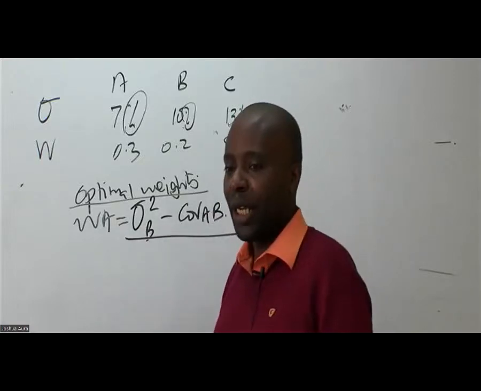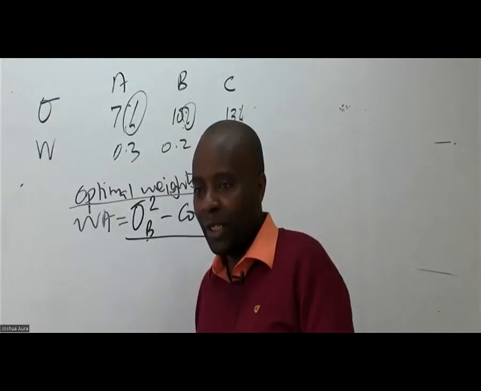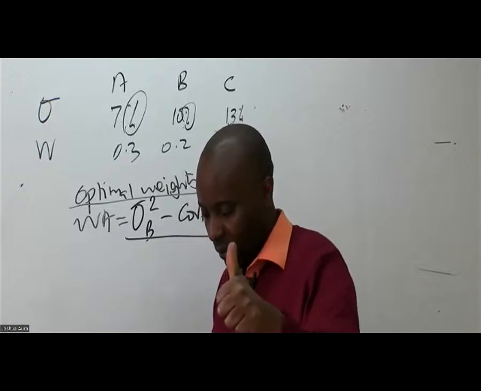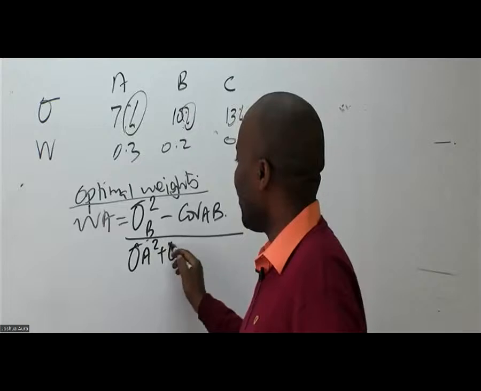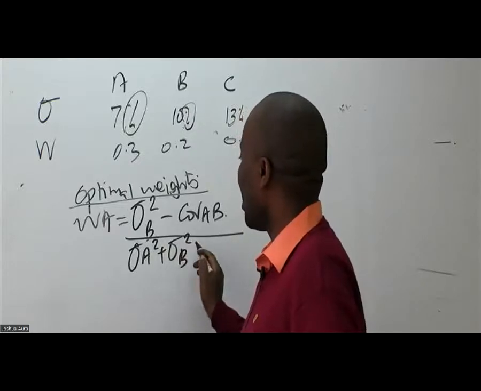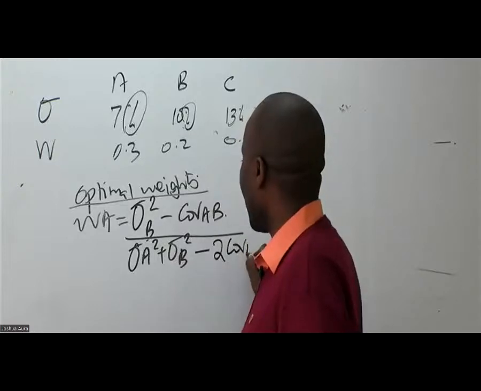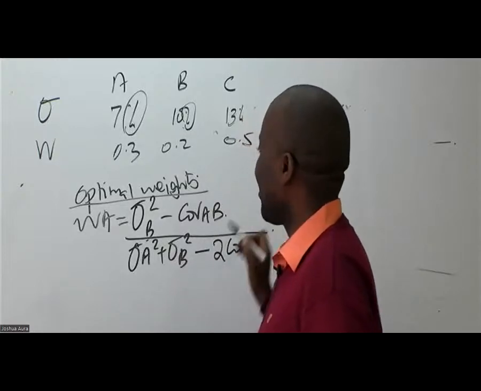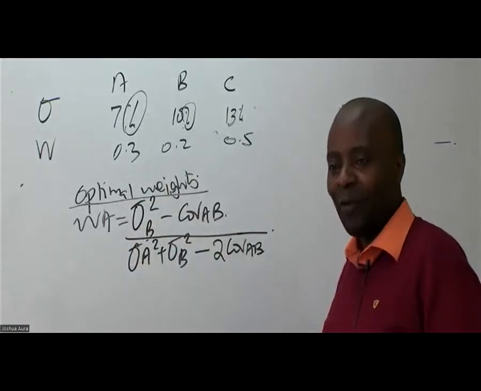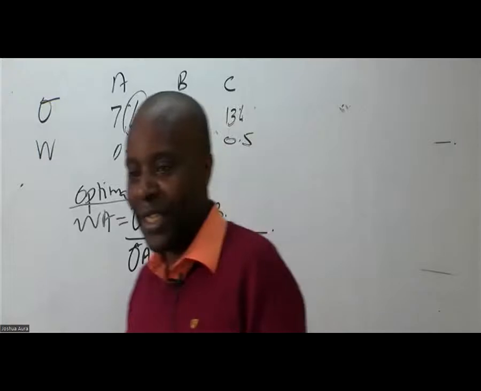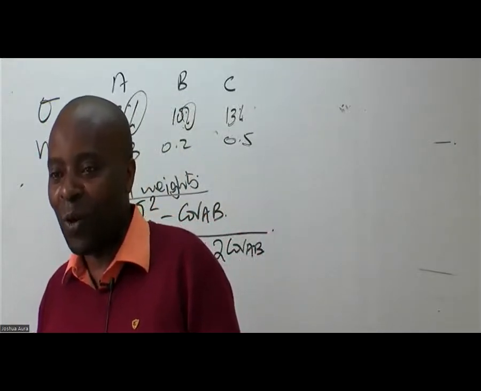Now give me the denominator: variance of A plus variance of B, minus, now because there are 2, twice the covariance of AB. This is the formula for getting optimal weights. Well done.